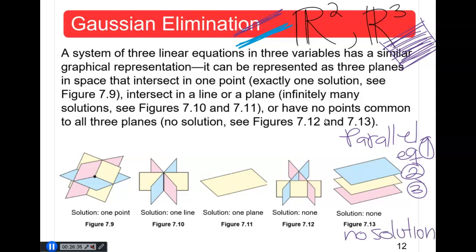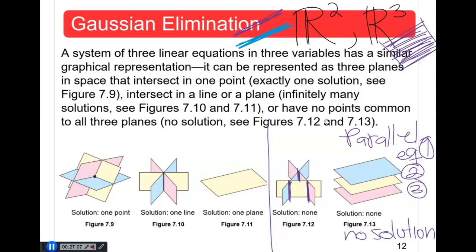Then the second one here from the right is also no solution, because you could see how, for example, the blue and the yellow plane intersect here. Then we have the pink and the yellow plane intersecting here. And we also have, if you look on the back, the blue and pink planes intersecting here.